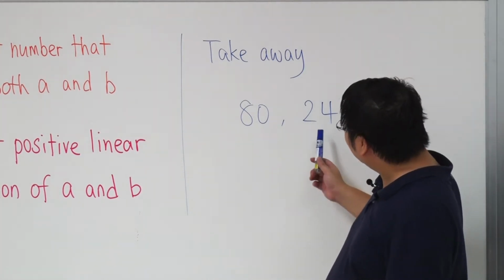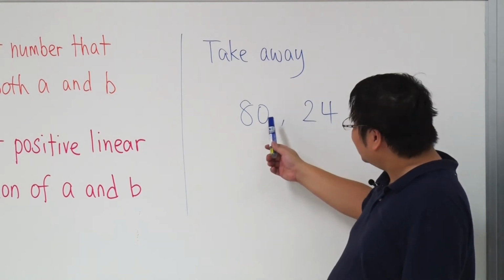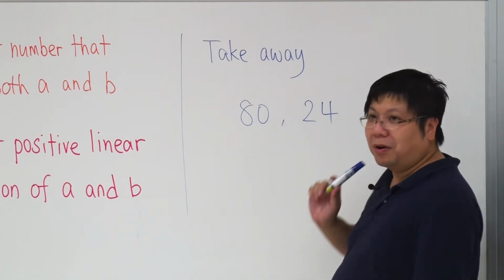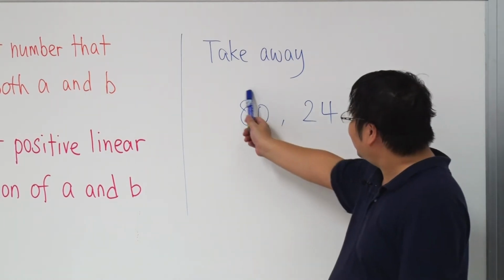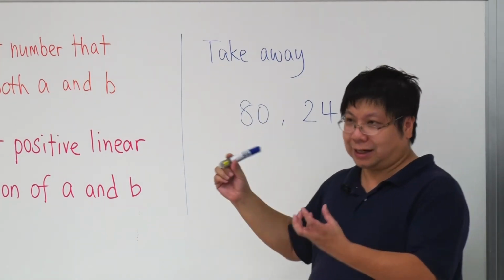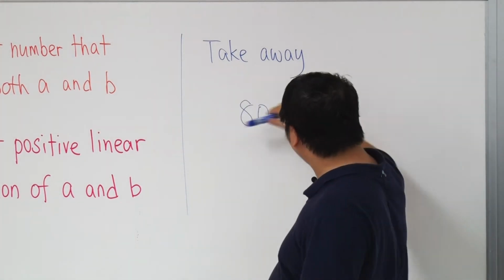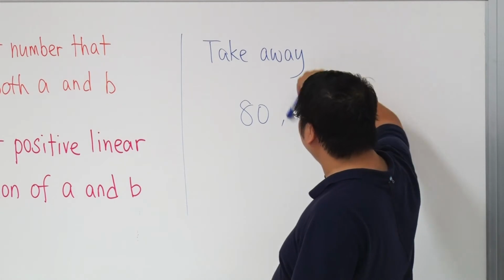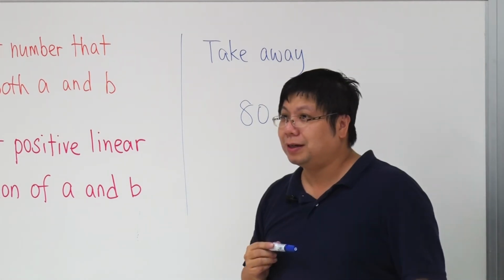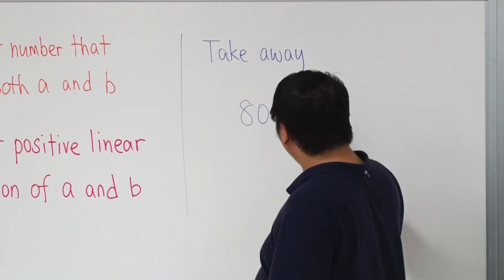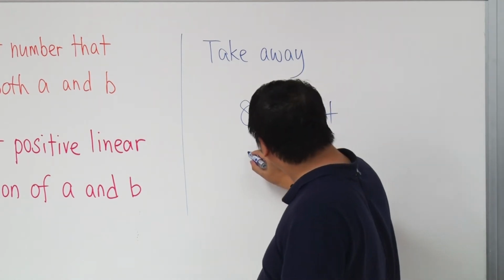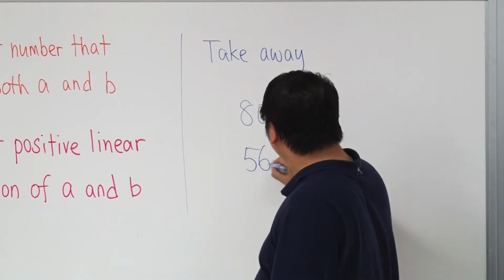So when you have one large number and one smaller number, we need to take some multiple of the smaller number from the large number. If we take one part, this will now become 56, 24.